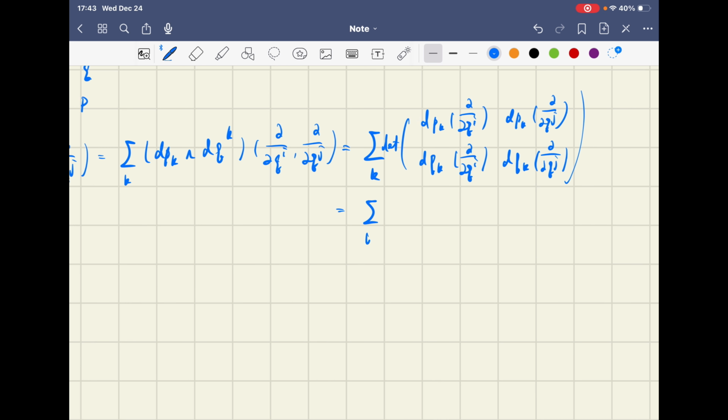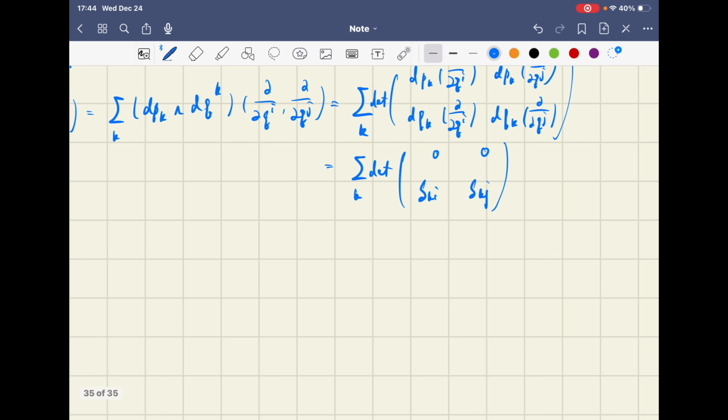This is kind of simple, since P and Q are independent variables, so the above two terms should be 0, and the below two terms are going to be Kronecker deltas, delta_kI and delta_kJ.